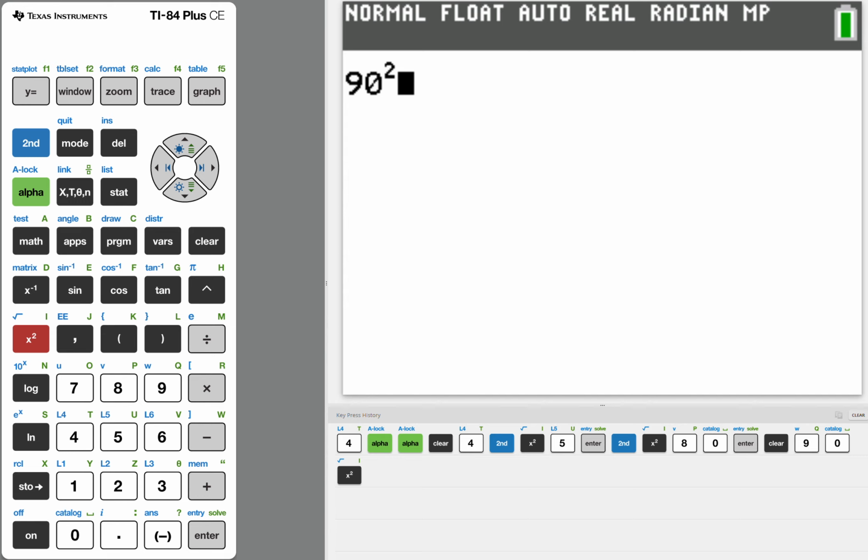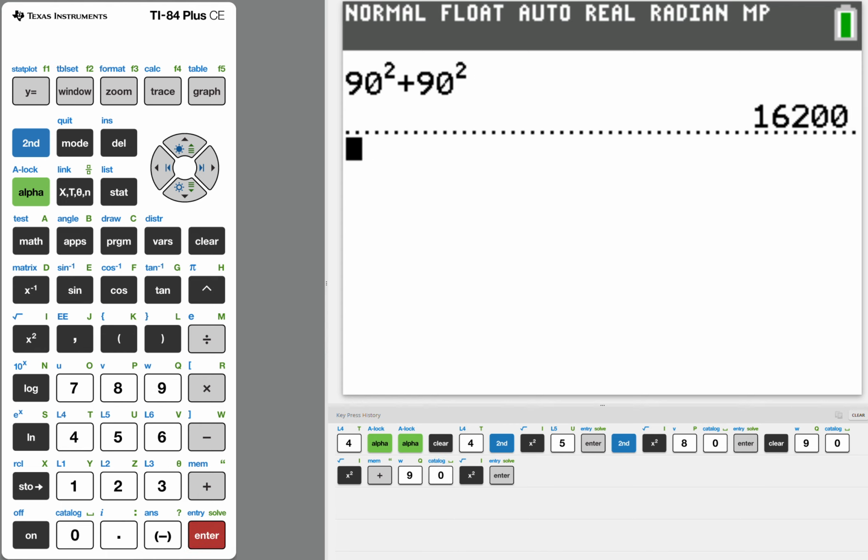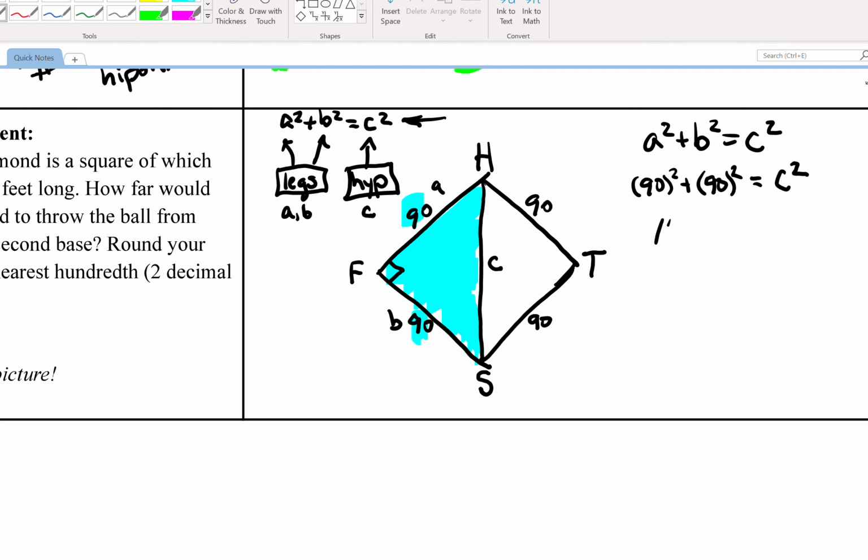They would be necessary if you were squaring a negative; it has to be inside parentheses. But if it's just positive, it doesn't matter. 90 squared plus 90 squared gives us 16,200. Let's write this down: 16,200 is equal to c squared.